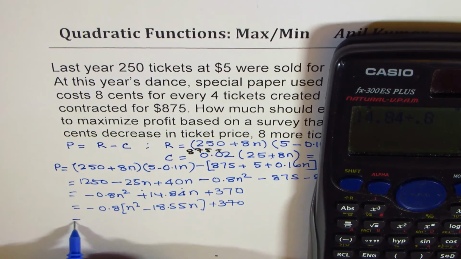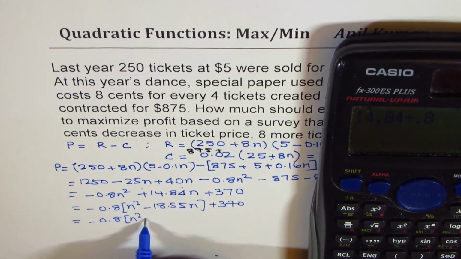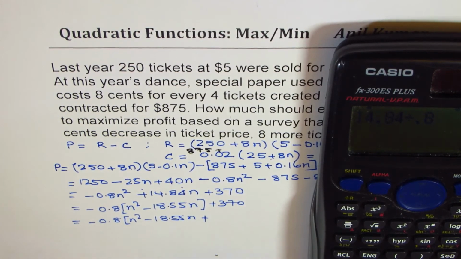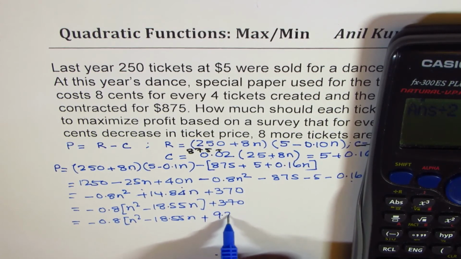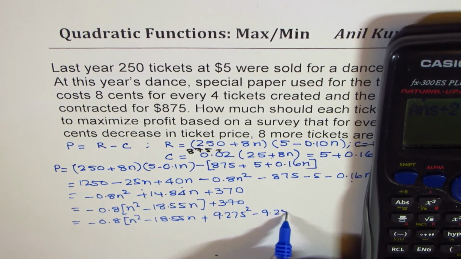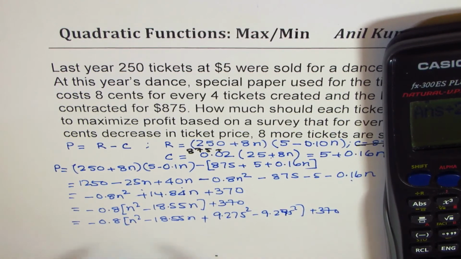To maximize, we'll complete the squares. We get minus 0.8 n square minus 18.55n. Half of this, divided by 2 in decimals, is 9.275. 9.275 square, take away 9.275 square plus 370, correct?